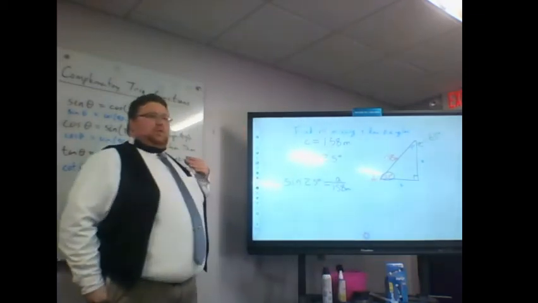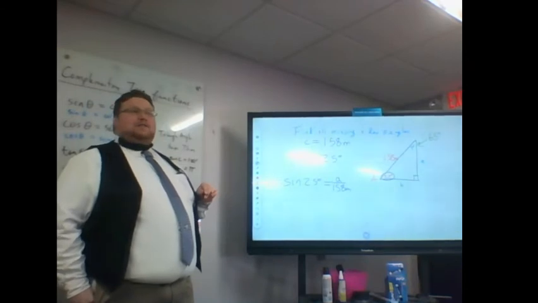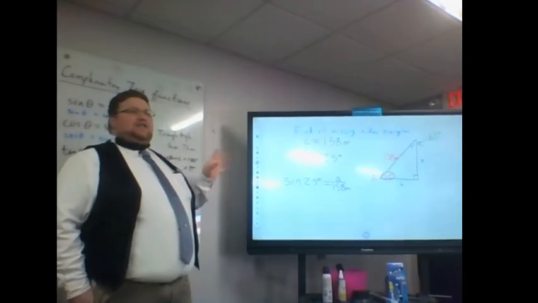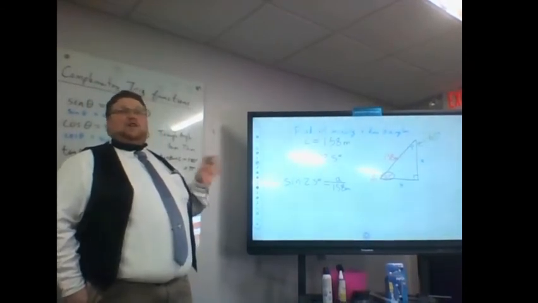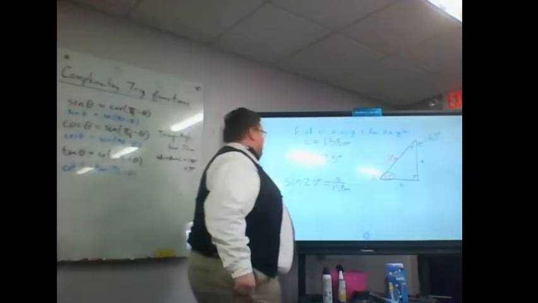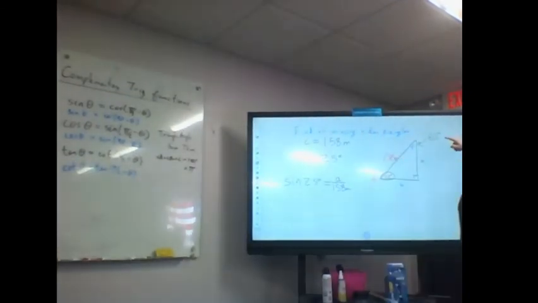The reason these formulas work is if I switch up to the other angle, I can use the same components, but I'd have to change trig functions. If I went up here and tried to do 65 instead, A is now adjacent to 65, so I'd have to use cosine of 65 equals A over 158.